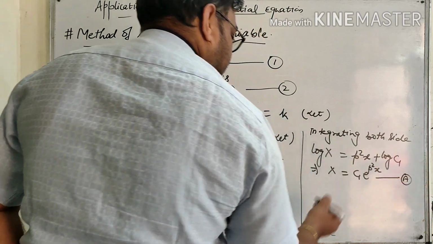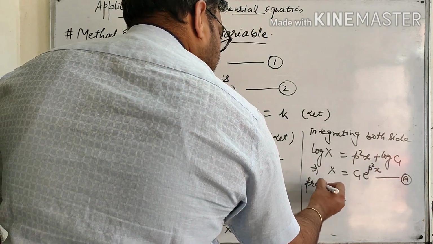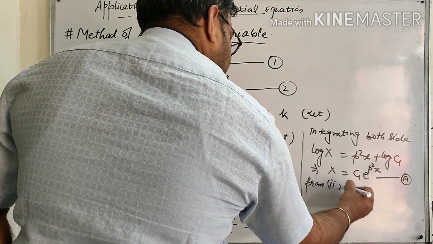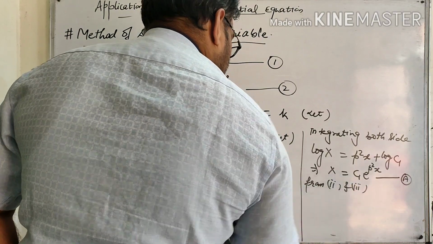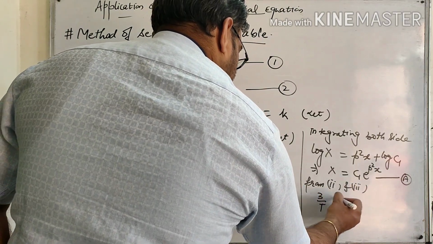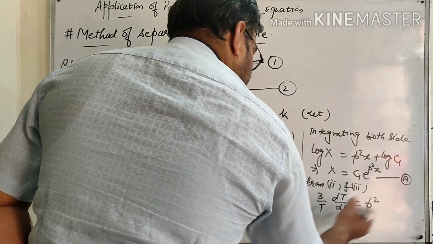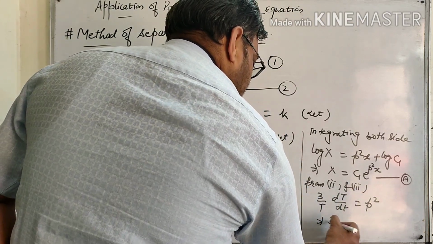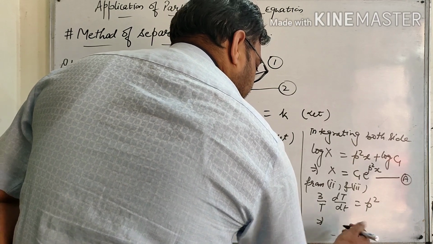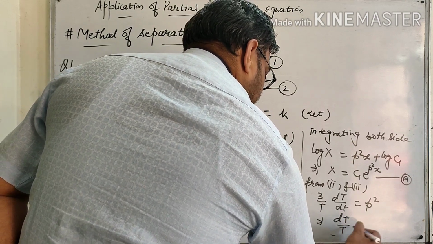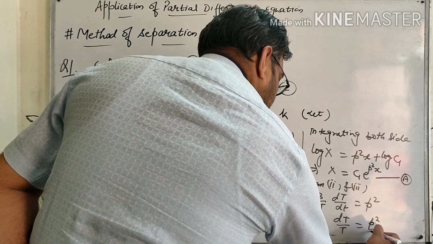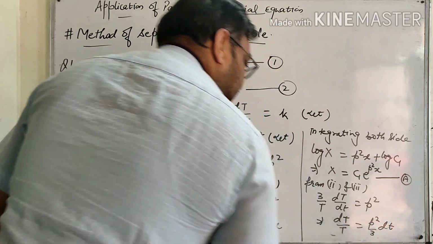Let it be a. Again from second and third, (3/T) dT/dt is equal to p square, or dT/T equals (p square by 3) dt.